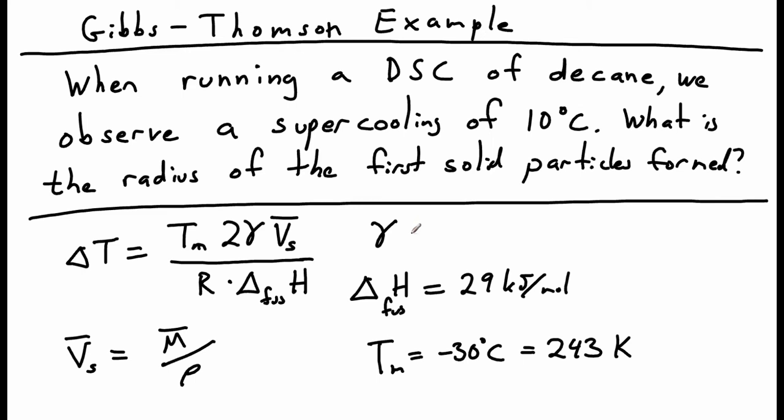And the surface energy for solid decane is not available, so we'll use something equivalent, polyethylene, since they're both simple hydrocarbons. So polyethylene is 35 millinewtons per meter. Okay, so now we're ready to solve the problem.